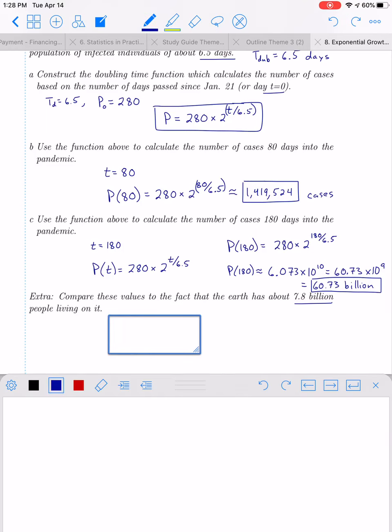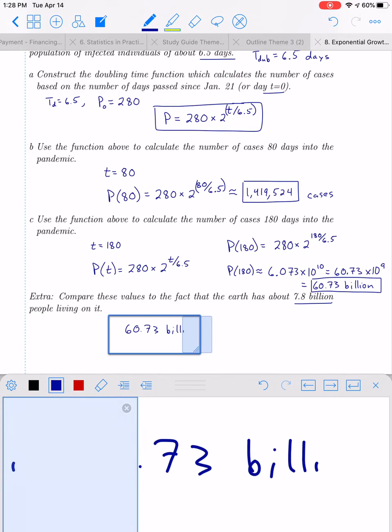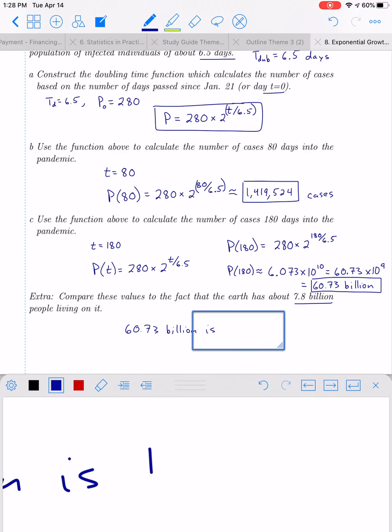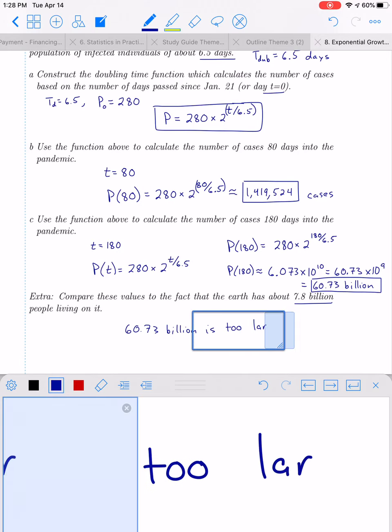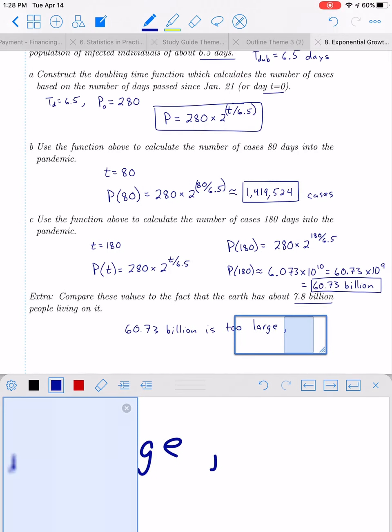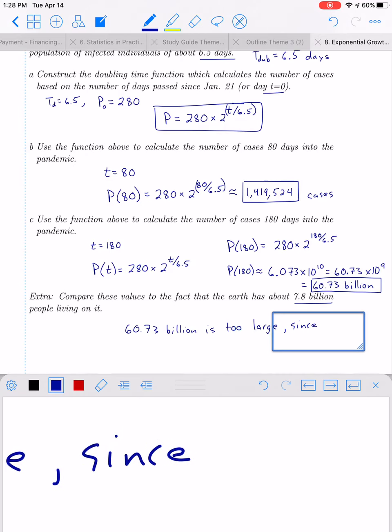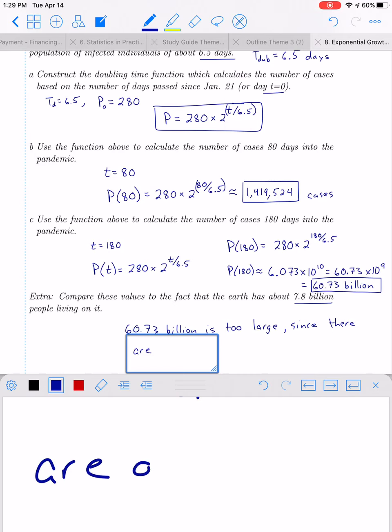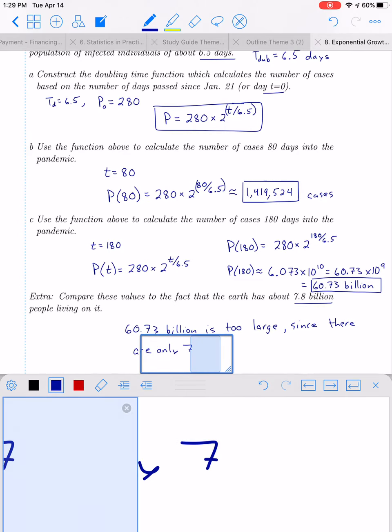But 60.73 billion is too large, since there are only 7.8 billion.